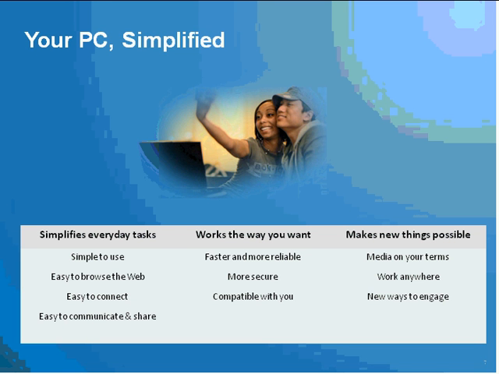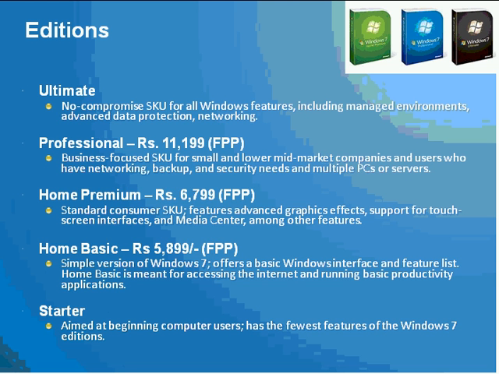But still, you expect Windows 7 to work on it. To enable this, Windows 7 comes in a lot of editions. These editions are Starter Edition, the Home Basic Edition, the Home Premium Edition, the Professional Edition, and the Ultimate Edition.